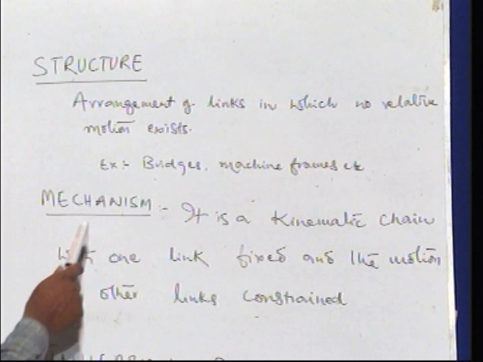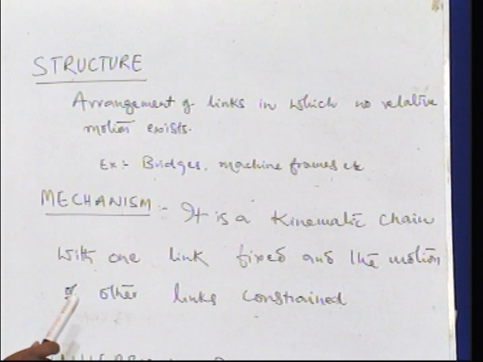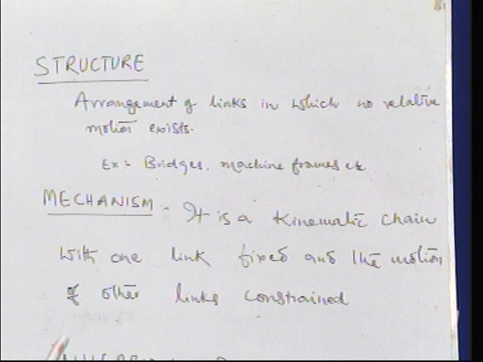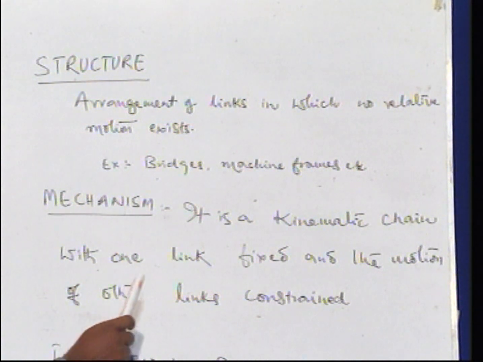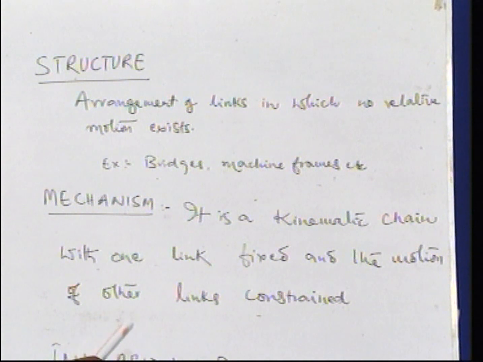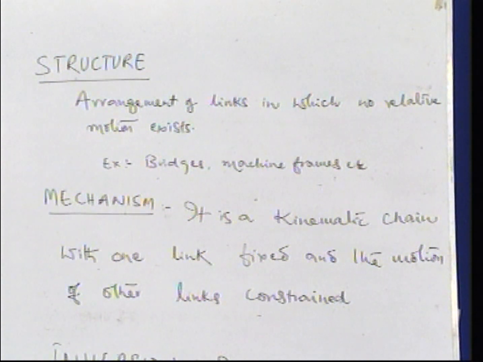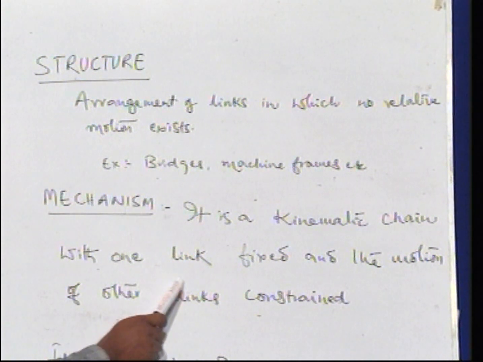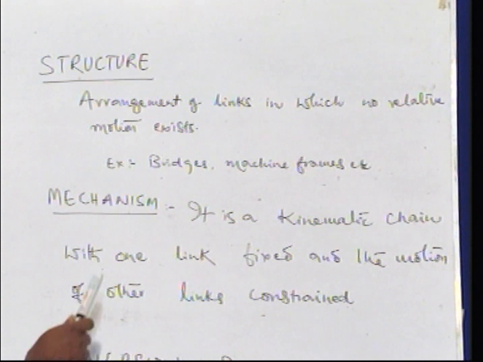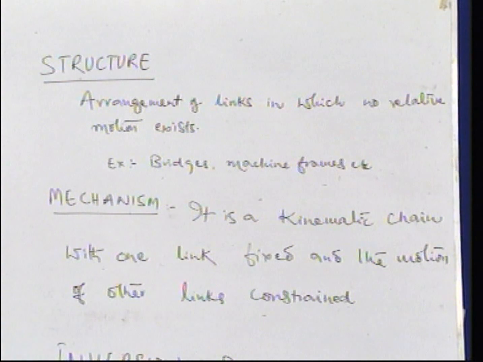Hence, a machine does the function of transmitting the motion and transforming such motion into useful work. If it is to transform the energy, then it is called a machine.